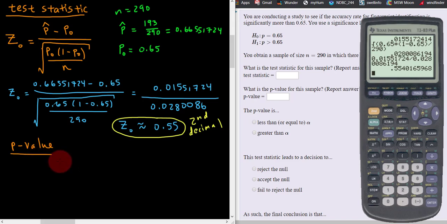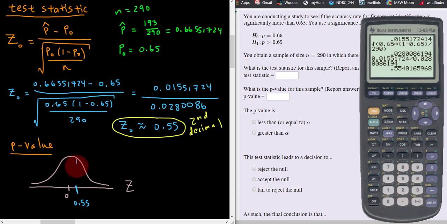I like to draw a picture, and I highly recommend that you always draw a picture too, because what we're about to do is find an area in the z distribution. 0 is always in the middle. Our test statistic was 0.55.